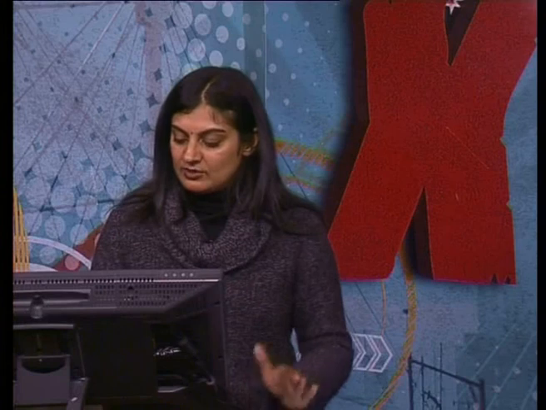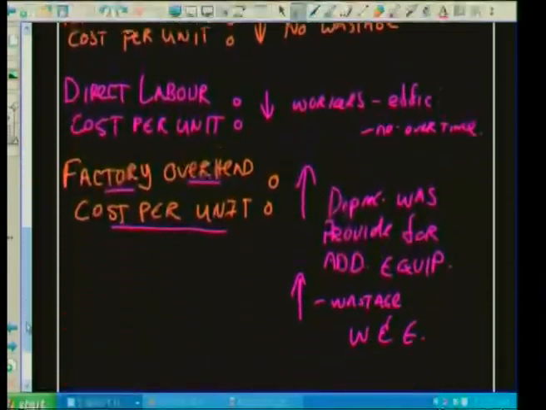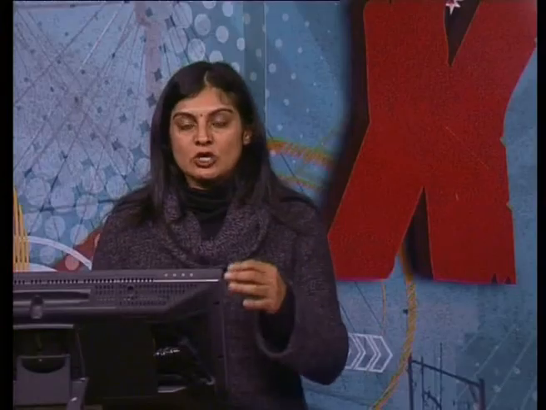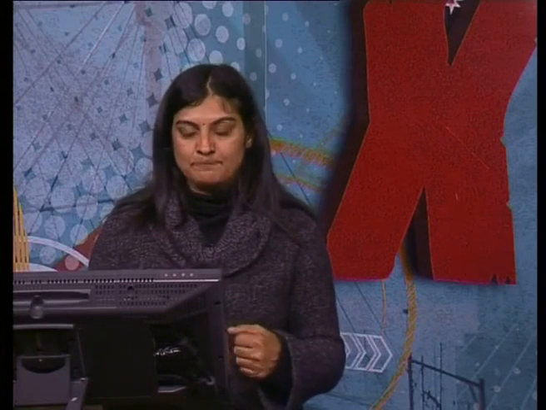Every time your number of produced items drops, automatically our factory overhead costs per unit will go up. So this is a third possible reason that we could use in our answer.